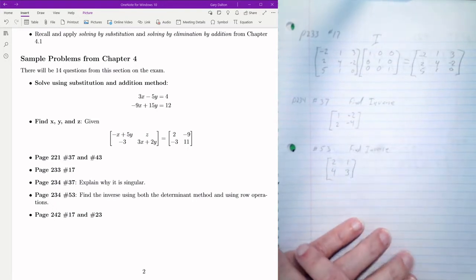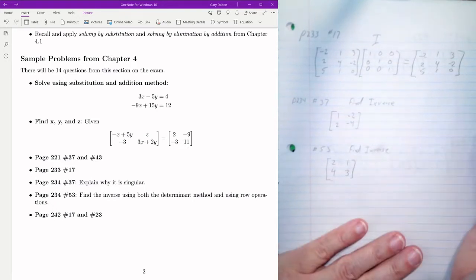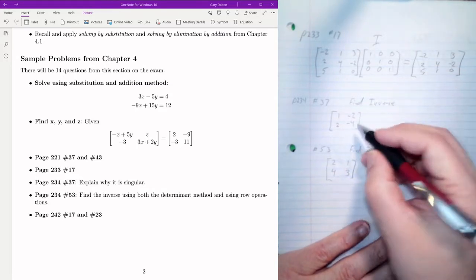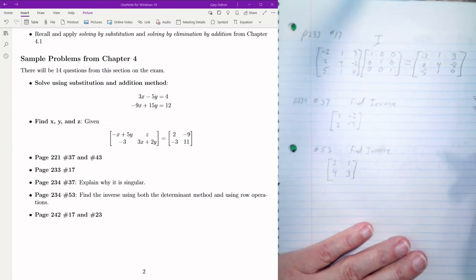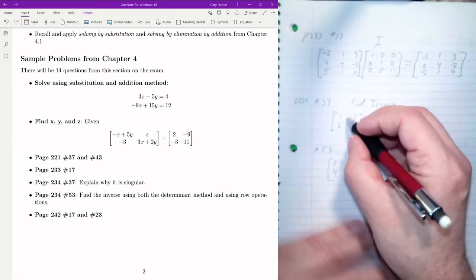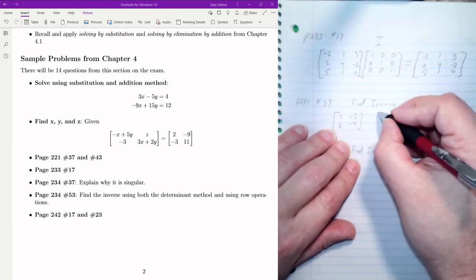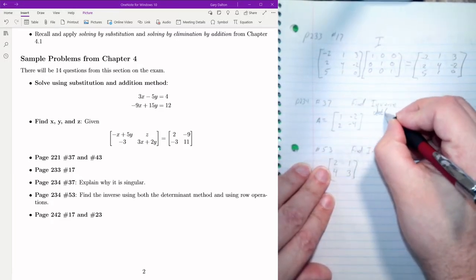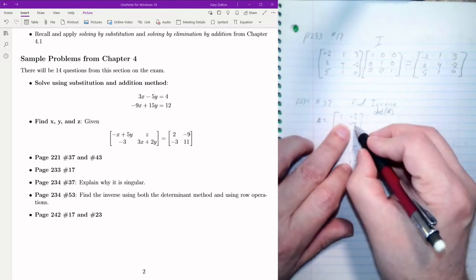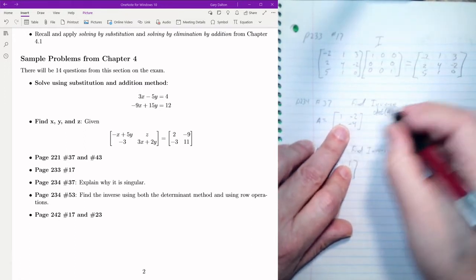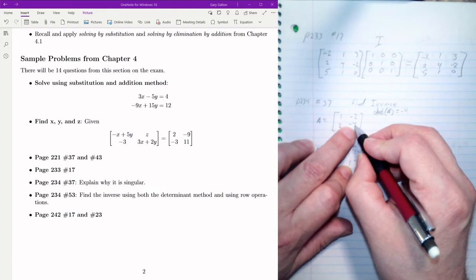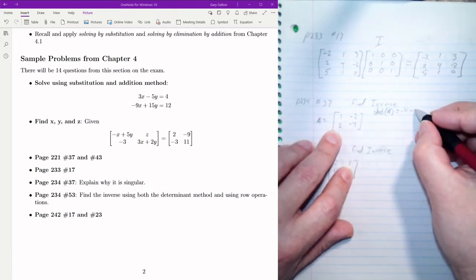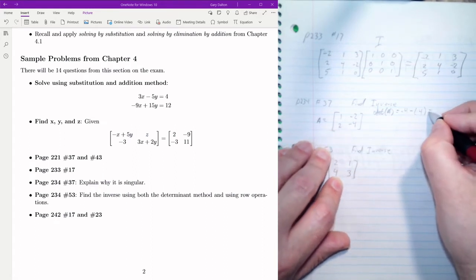Find the inverse. There's a couple different ways we could find the inverse. We could, and I think we should probably do it both ways. But the first method is, let's use the determinant method. So the determinant of this, we'll call this A, equals minus 4, minus 4, minus 4, which equals 0.